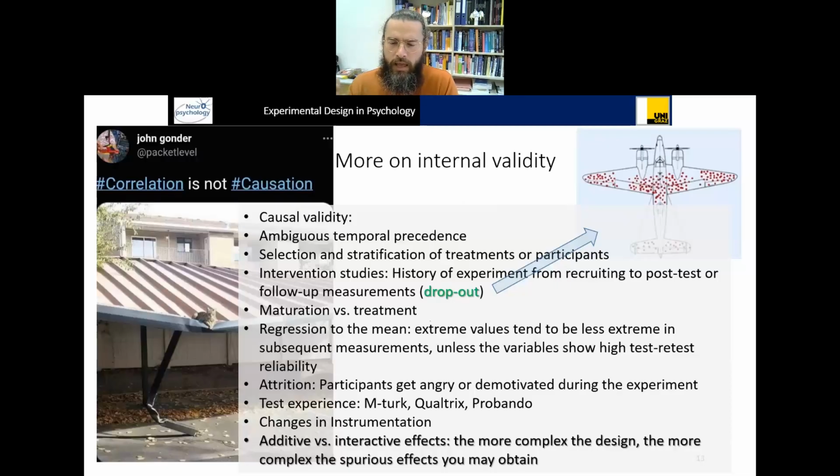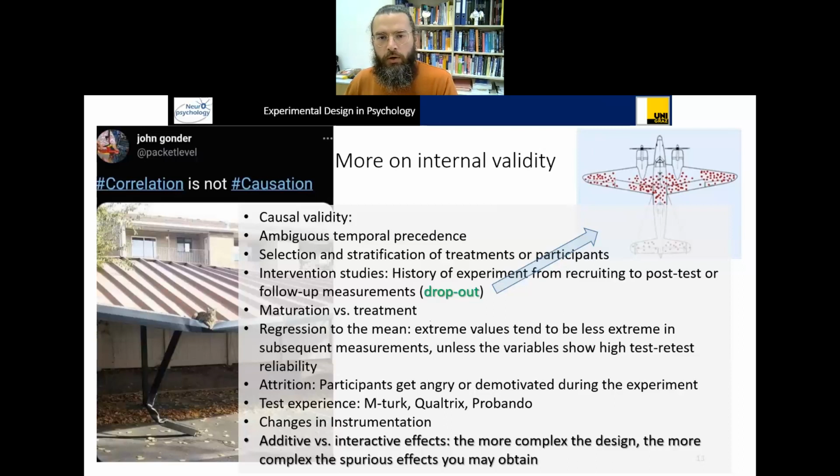When your measurements are not stable at all, so they don't measure any trait of your participants, but only a momentary state of your participants or subjects, the regression to the mean is maximal. Different measurements on the same person will oscillate a lot without any reason. So this is also an important point.